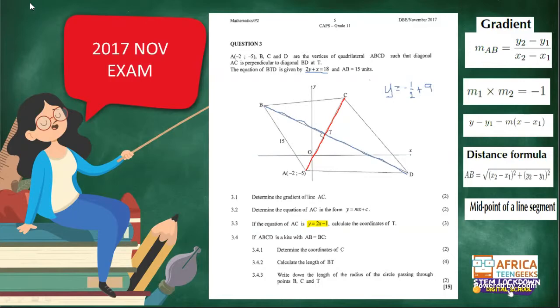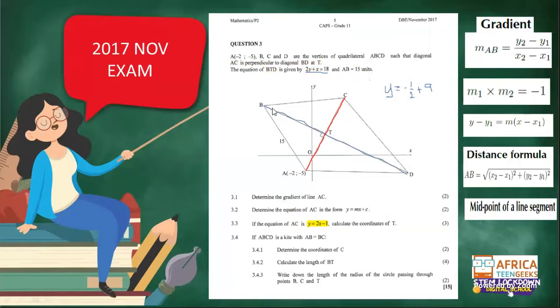Okay, Daisy. Yes, ma'am. So at point T, we have the line BD crossing the line AC. Can you see that? Yes. So at the point of intersection, or where lines cross, you can say their equations are equal.